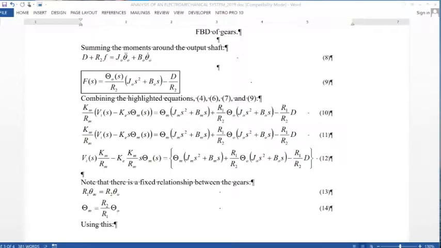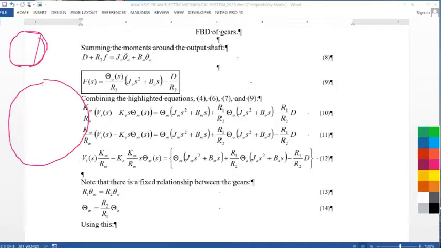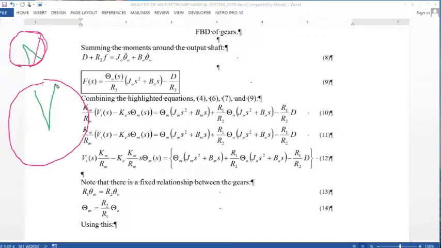So if we have one gear and another gear, and I'm going to change colors here to green, if that one moves that far, this one moves by the same distance. So one is R1 times theta m, and the other is R2 times theta out.